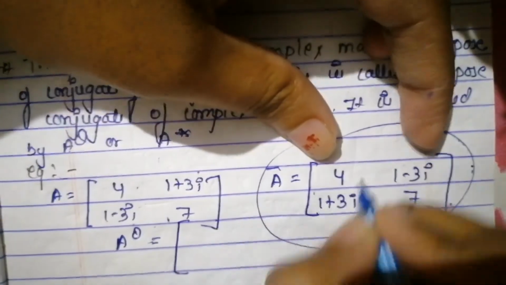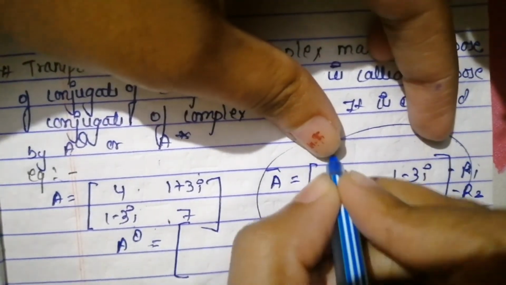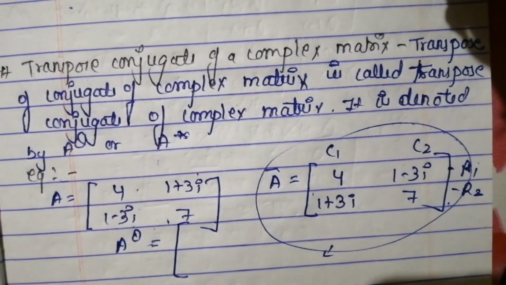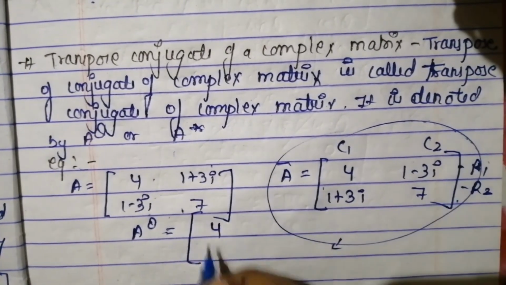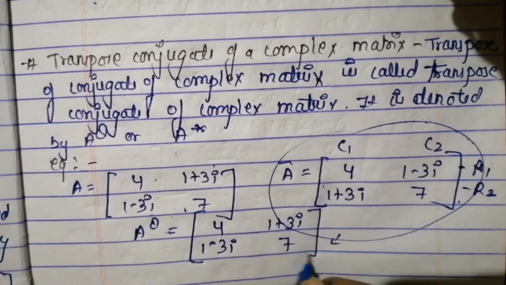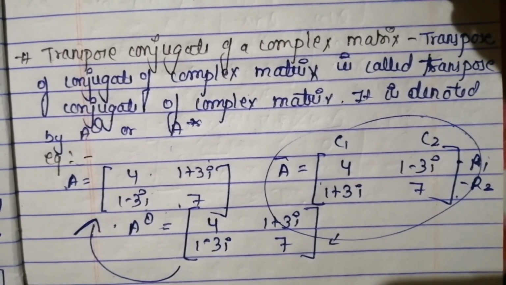So for this, rows R1 and R2 will be interchanged with columns C1 and C2. So we have 4, a minus 3 iota, a plus 3 iota and 7, which is our original matrix.